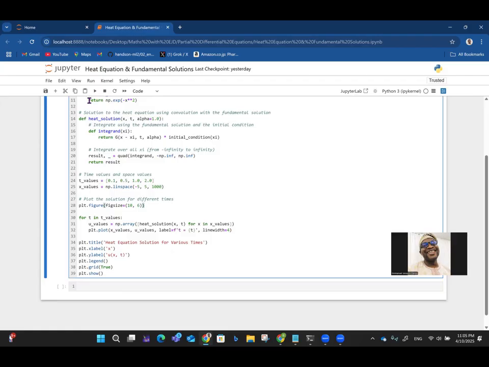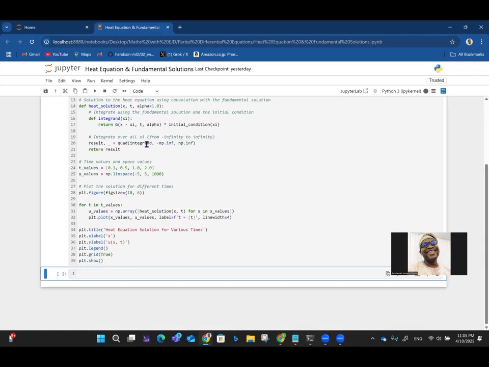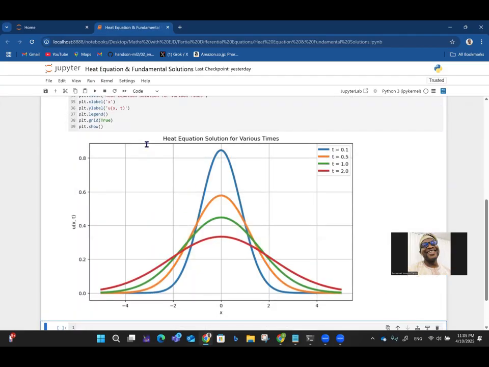By the time we run it, we can see what that whole thing looks like. Okay, it's taking a bit of time to show up. It should be out pretty soon. Yeah, so this is it. So in space and time, as time varies, when t is 0.1 seconds, it's this blue. When it's 0.5, it's the orange. When it's 1.0, it's green.